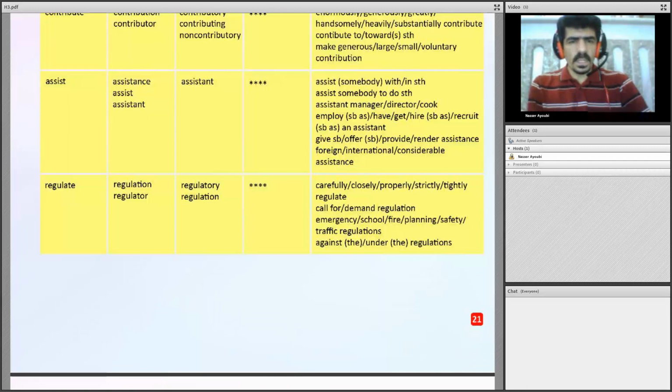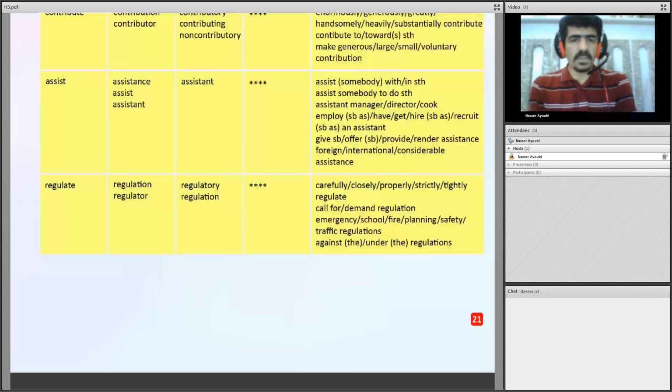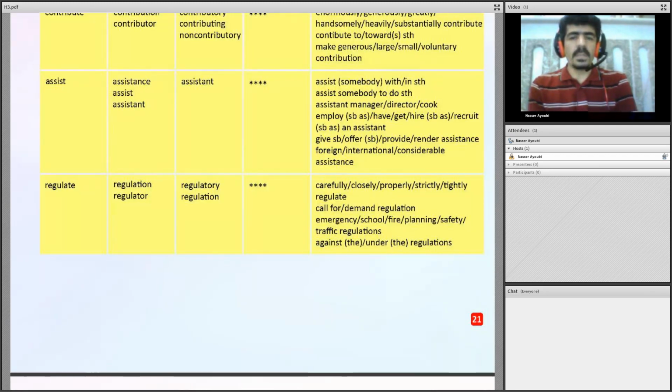Let's have a couple of examples. Safety regulations. Recently, safety regulations have made it obligatory for all competitors to wear face protectors.